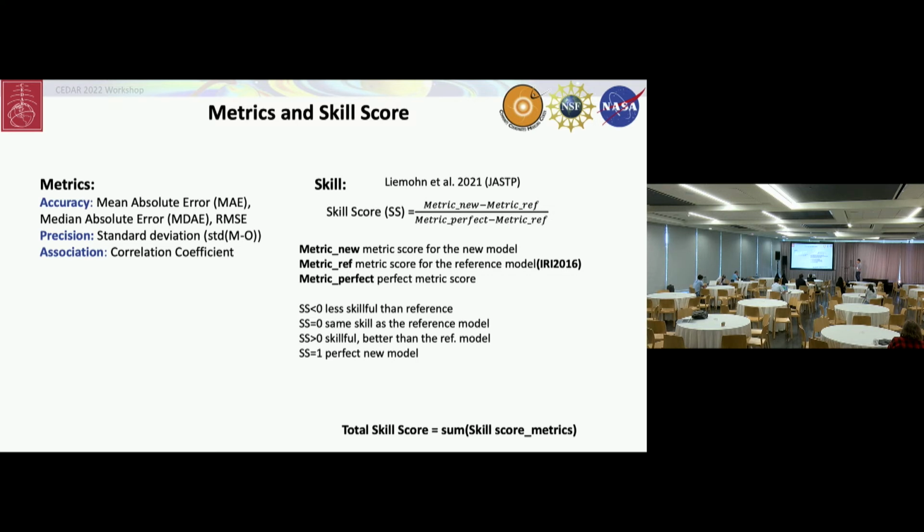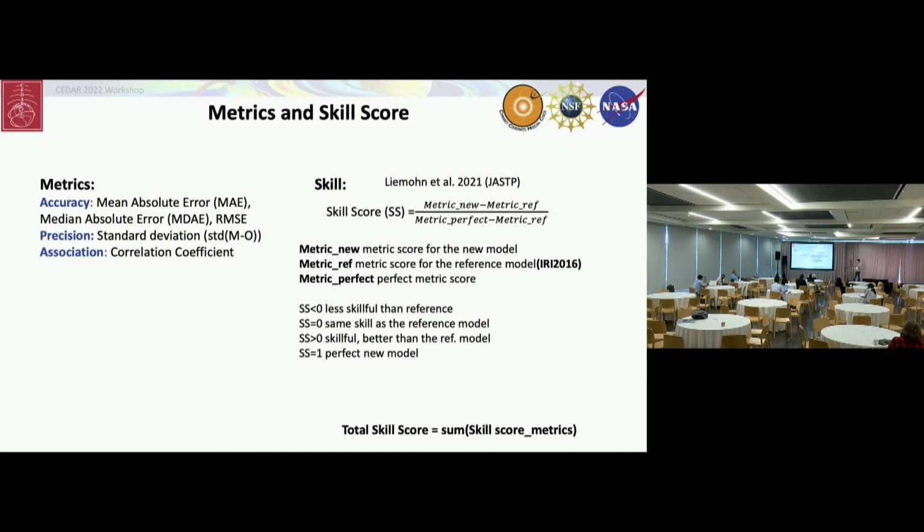And the metric perfect means the perfect metric score. For example, if you choose the correlation coefficient, the perfect score will be 1. So you can put these numbers into this equation and compare these models with IRI, so we can know which model shows the best performance in comparison with the other models.